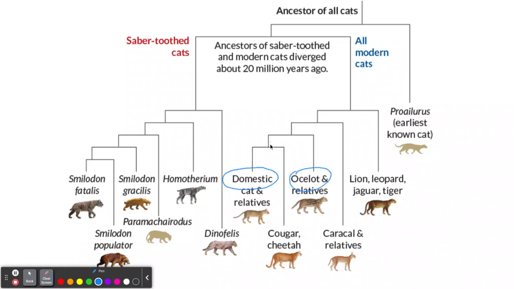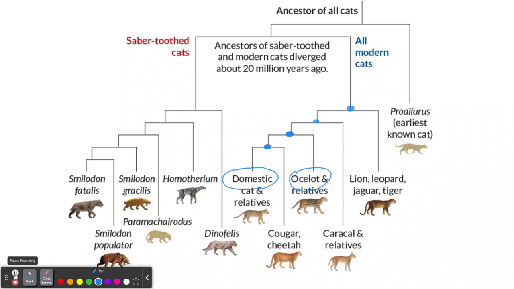The ocelot and domestic cat are two common ancestors away from each other, whereas domestic cat to lion is four common ancestors away. So we can see that the ocelot and the domestic cat are more closely related because they have closer common ancestors.